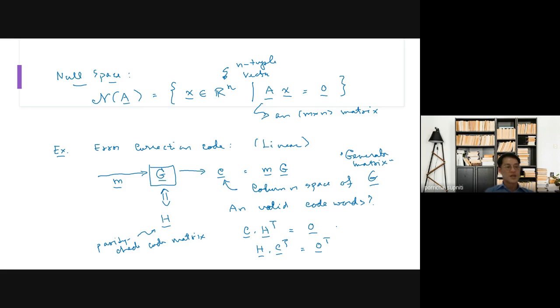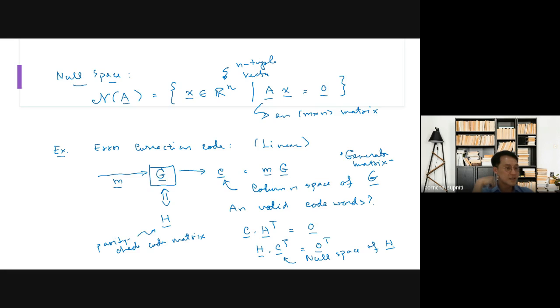So in a way, C transpose is in the null space of H. When you read research related to linear error correction codes, you often hear the words column space, row space, and null space. Just keep that in mind.